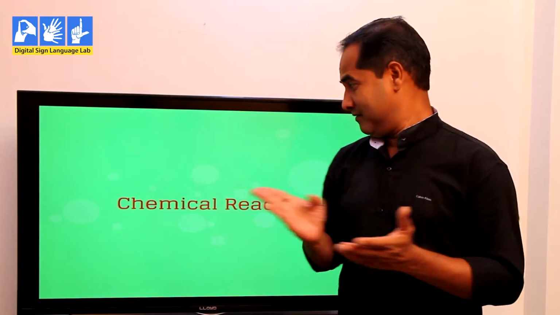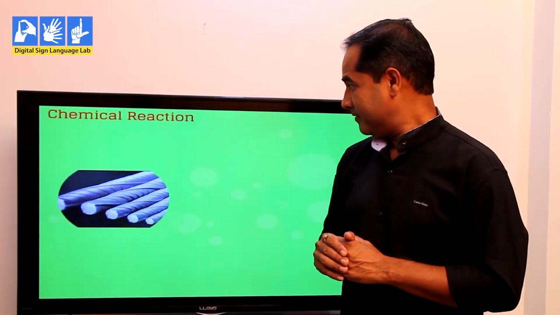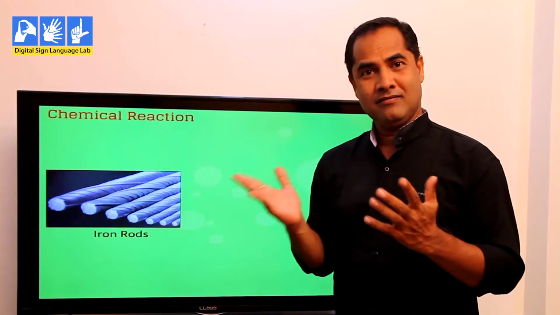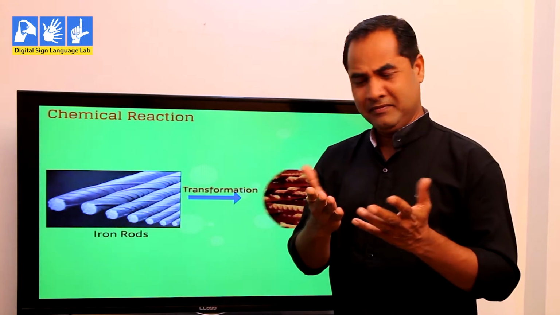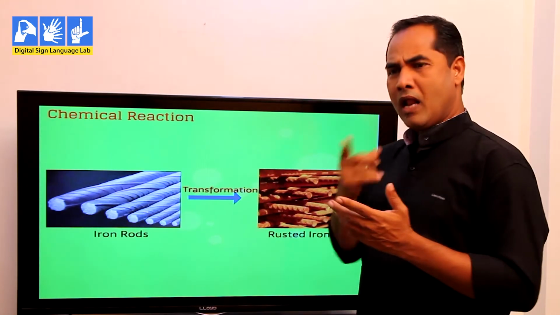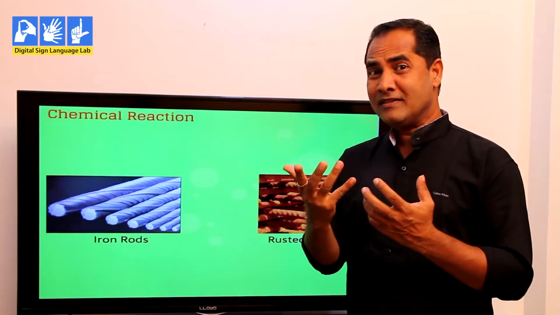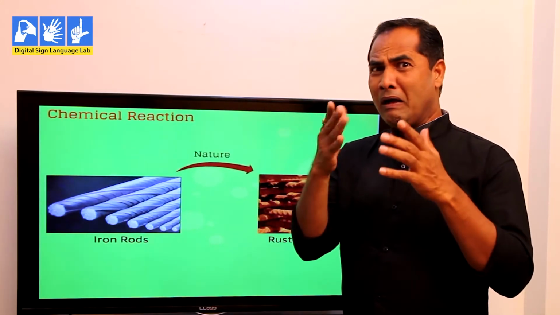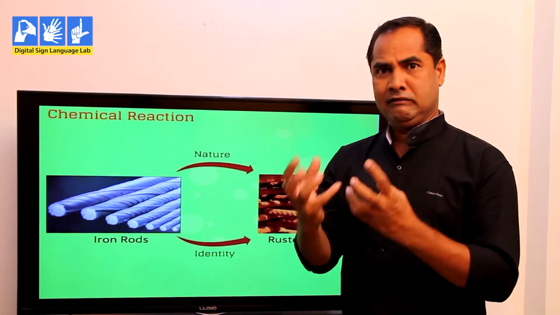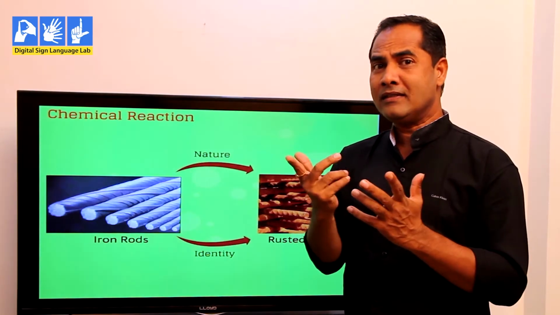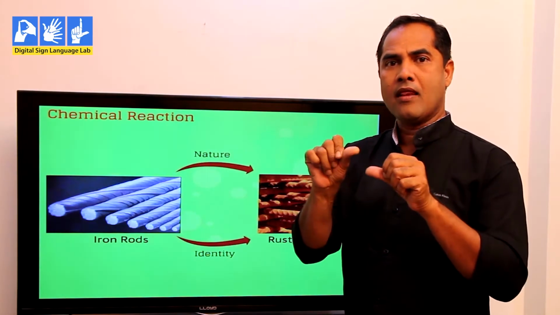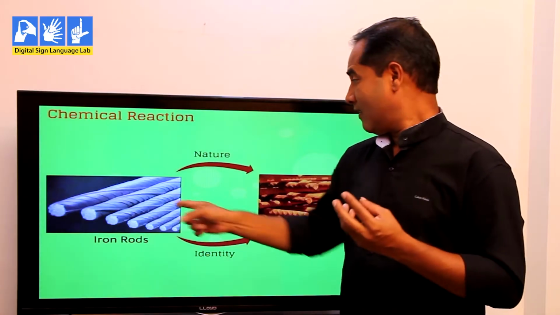I want to give you two more examples. That's metal, an iron rod. And what has happened to it? It's become rusted with rain and wind and moisture. The color has changed. That is a chemical reaction.